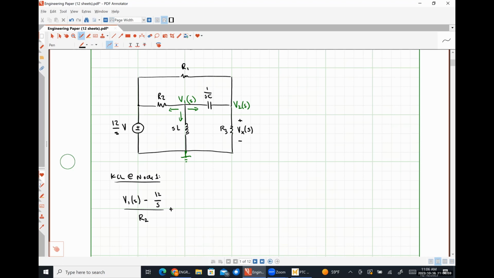The current flowing down through our inductor is going to look like V1 of S divided by SL. And then the current flowing to the right through our capacitor is going to look like SC times V1 minus V2. Set this equal to 0.